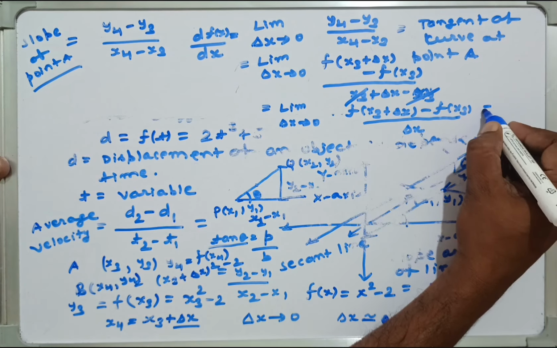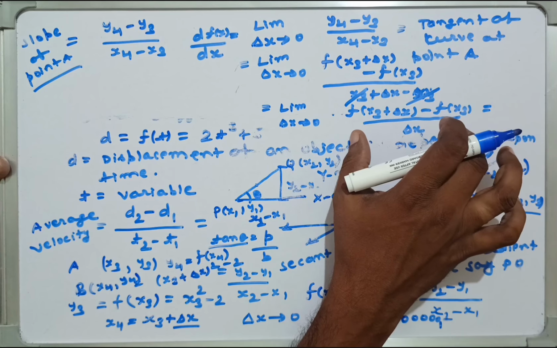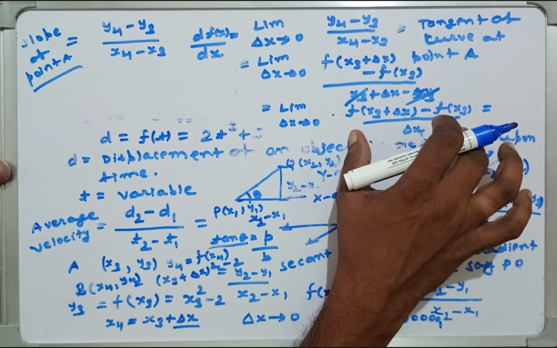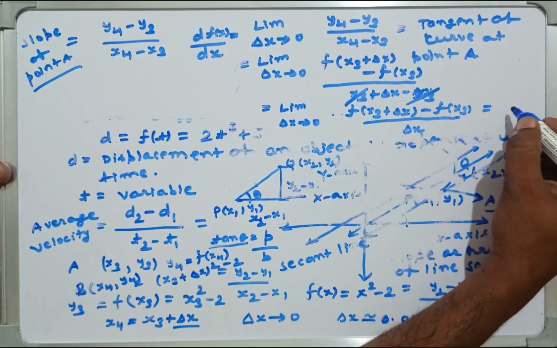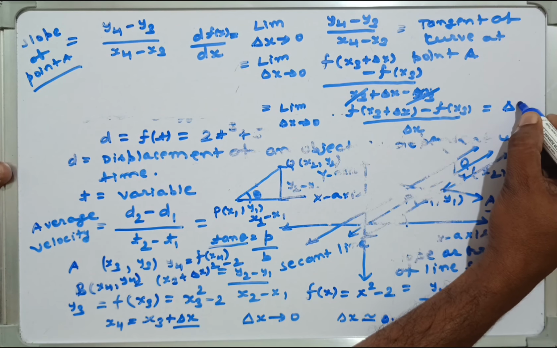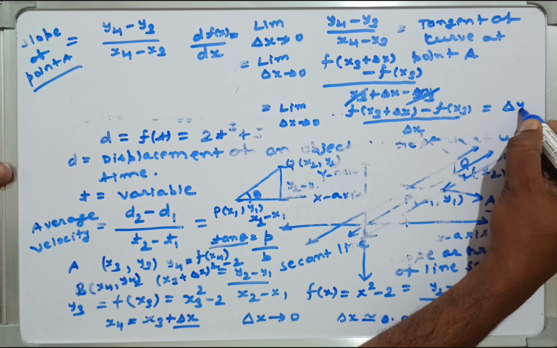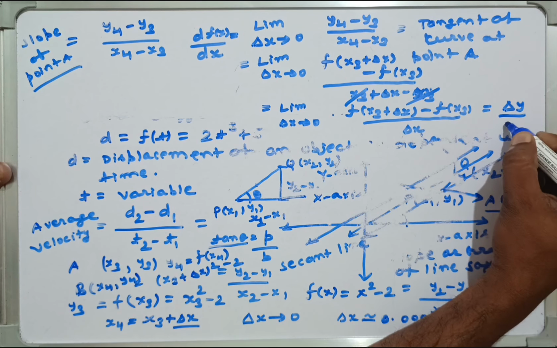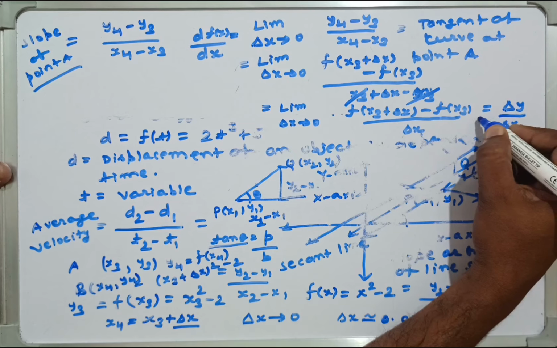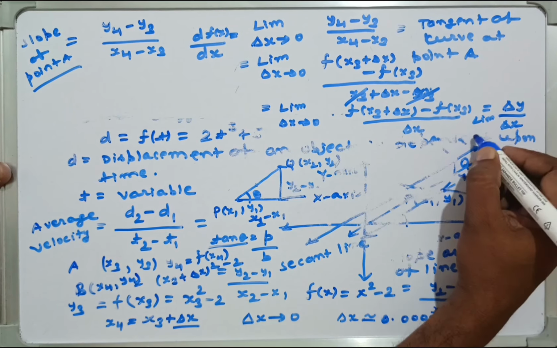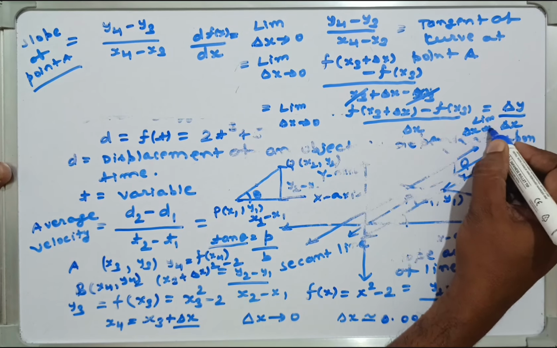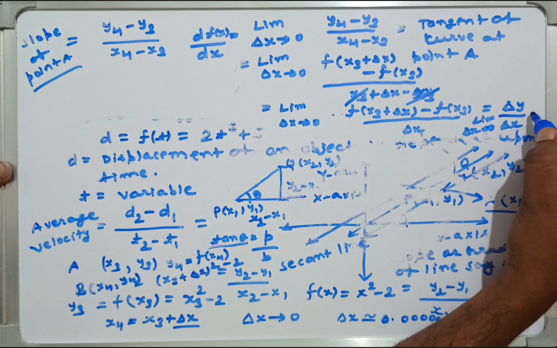You can also say this can be written as the variation of the y coordinate, delta y, divided by delta x, with limit delta x tending to 0. So we can write it as dy by dx also.